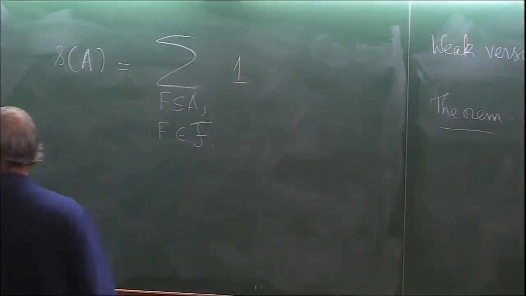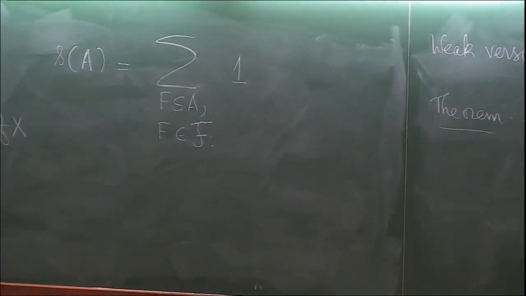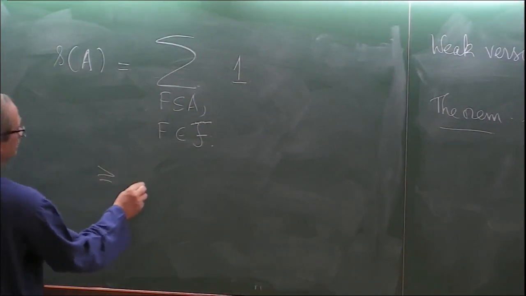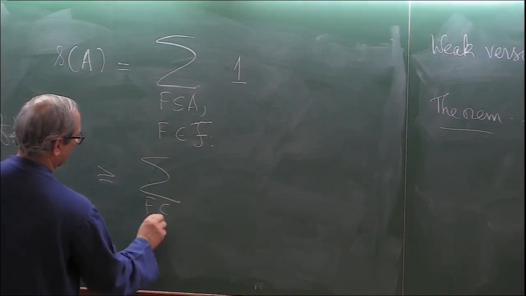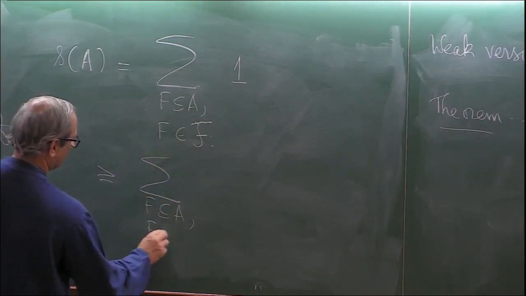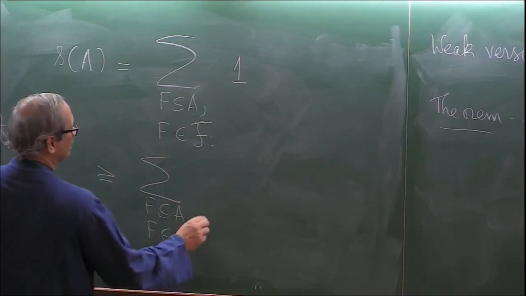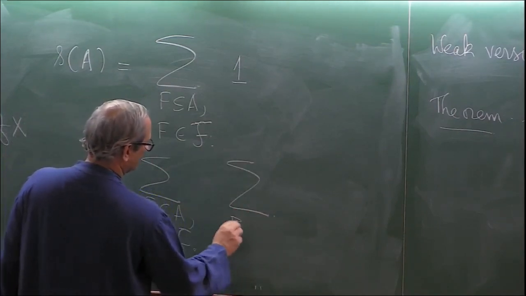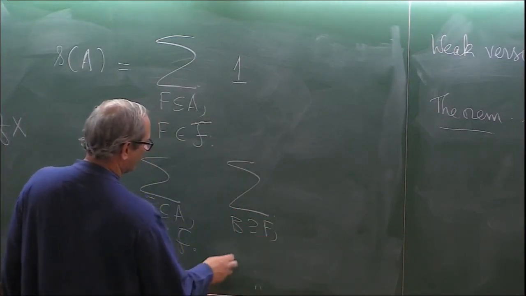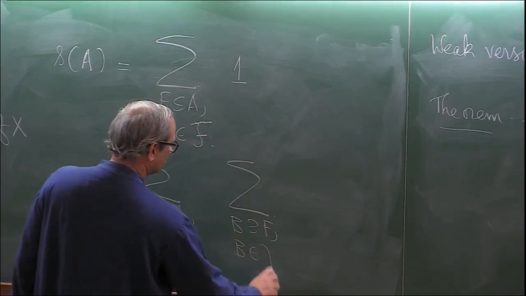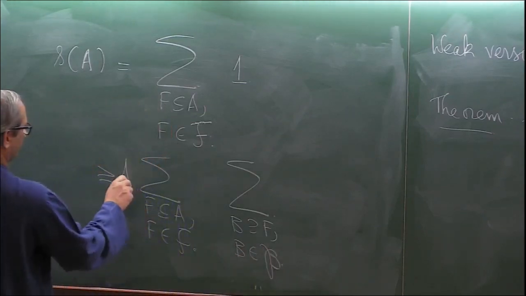But 1 is greater than or equal to the number of B's containing F divided by L. So this is greater than or equal to the sum over F contained in A, F in F, of the summation over B in the family B containing F, divided by L.